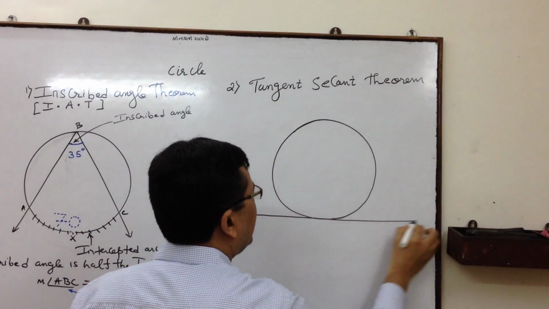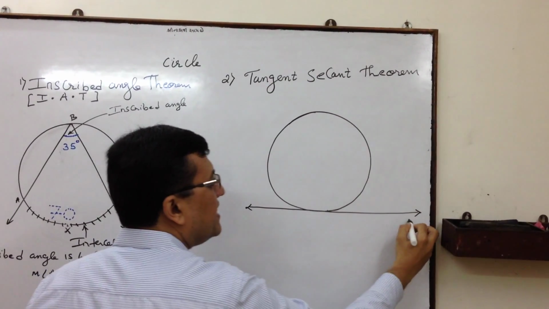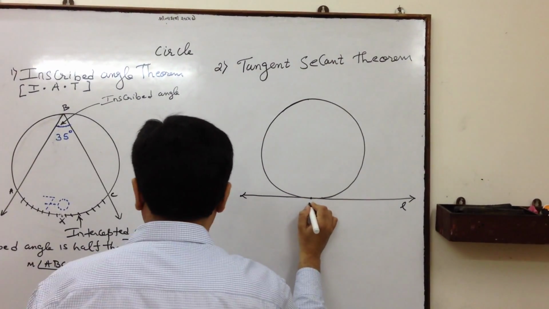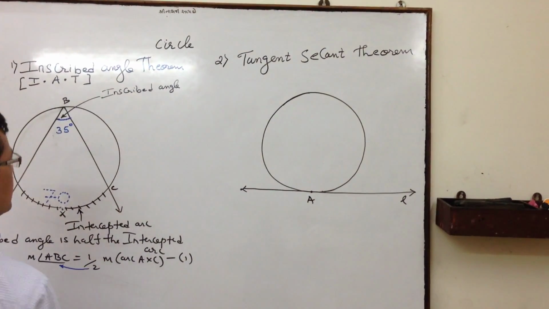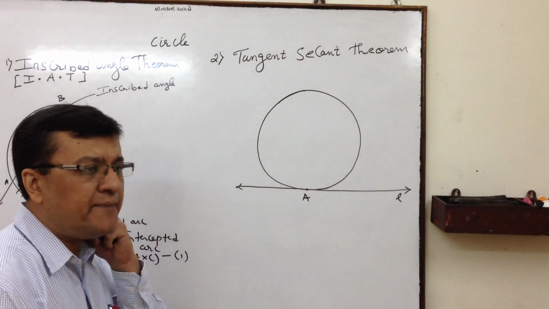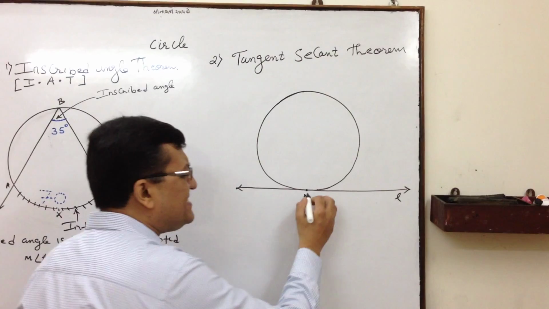So say this is line L, intersecting the circle in point A. So I say as of now that line L is tangent at point A. There lies a secant.